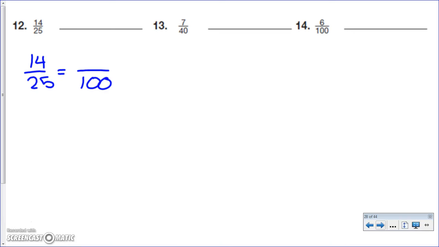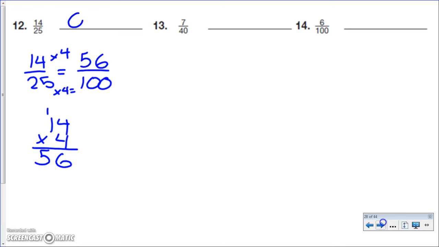So we know that 25 times 4 is 100, so we're going to multiply the numerator 14 by 4 as well. So our decimal equals 56 hundredths.